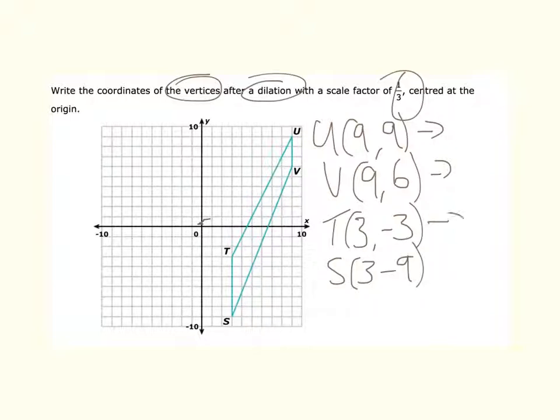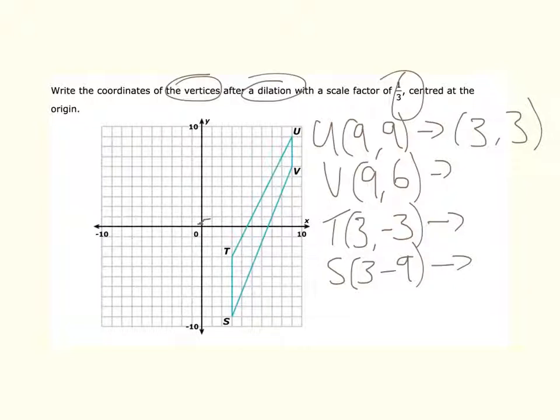So what then happens is rather than we multiply it by a third, which is 0.33, an easier way of doing that is dividing these numbers by 3. So 9 and 9, U would actually move to 3, 3.